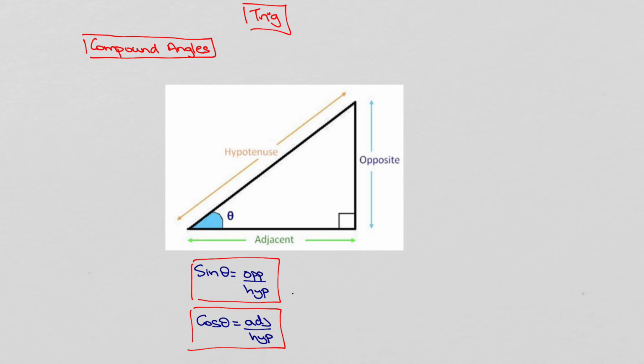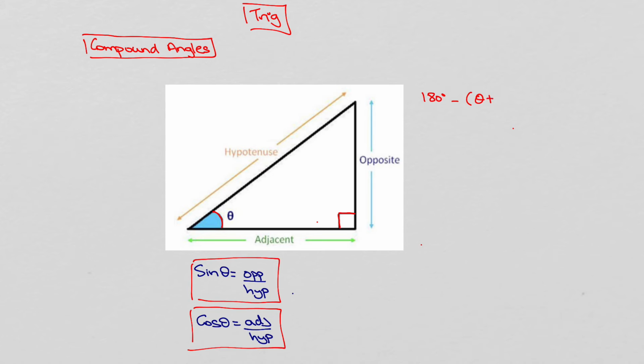If we look at this triangle, the angle theta is added to 90 and then taken away from 180 degrees, because three angles in a triangle add up to 180 degrees.